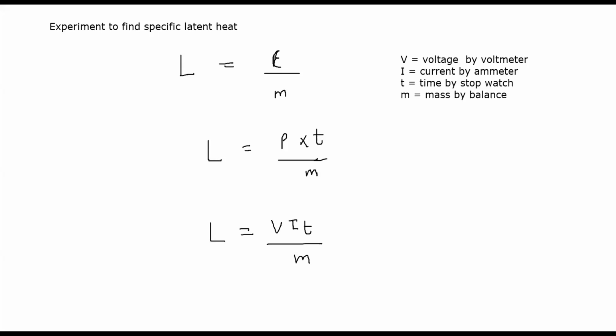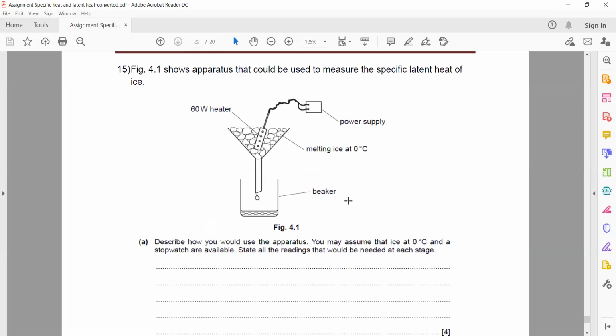It can be latent heat of fusion. It can be latent heat of vaporization. So for example, figure 4.1 shows an apparatus that could be used to measure the specific latent heat of fusion of ice.